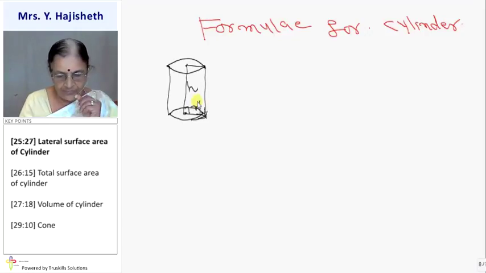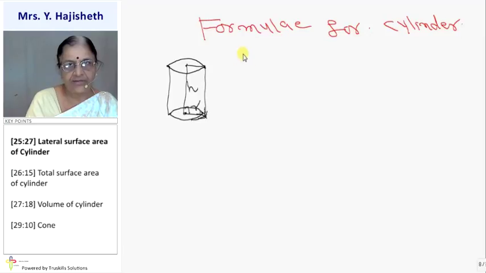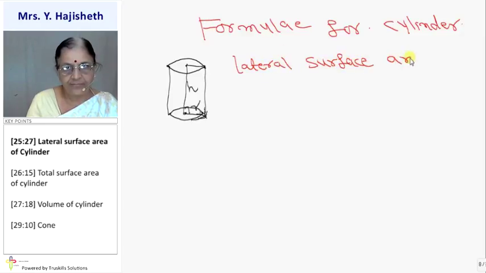So first I define the lateral surface area of cylinder. What is it?